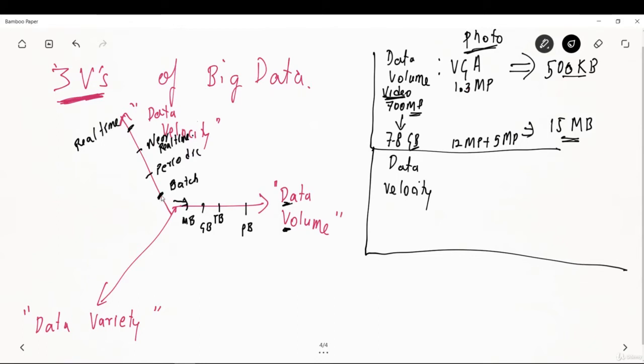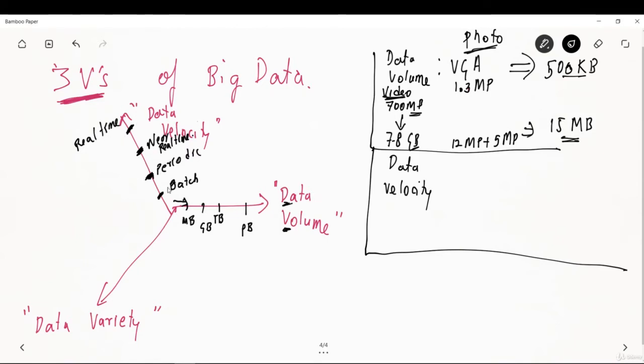So with time, it went from batches, that is every night, to periodic, let's say every 1 hour, to near real time, that is whenever something happens, the data will be pushed to another system. And real time means as and when that particular thing is happening. Let's say a transaction is happening on a credit card or a debit card or an account, the data is being transmitted in real time.